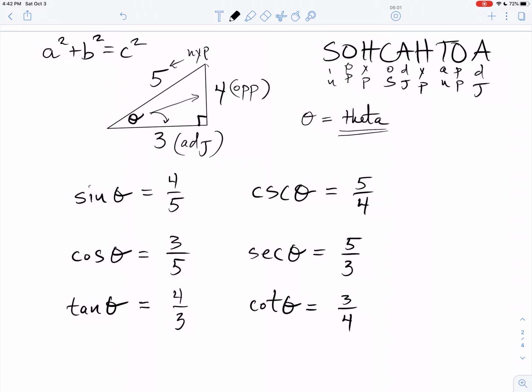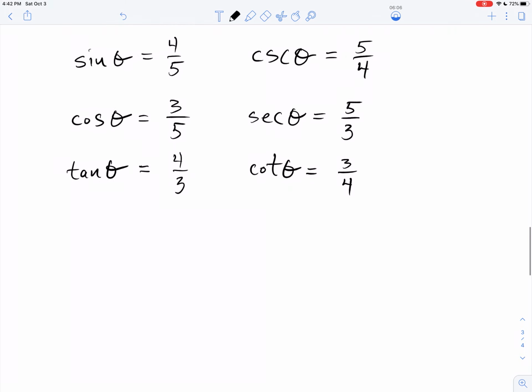Now, the 6 trig functions. I just want to remind you that SOHCAHTOA has never changed. It never will. But I want you to understand that cosecant is called the reciprocal of sine. So if I did 1/sine, I'd have the cosecant. Okay? That would be totally true without a doubt.